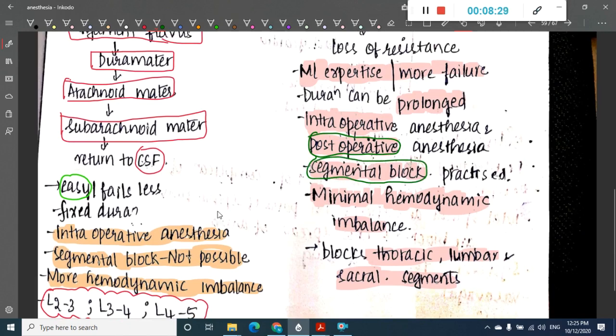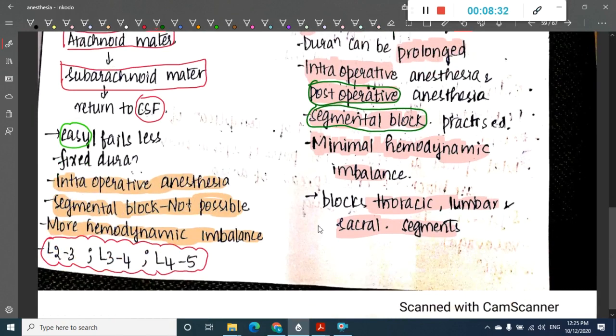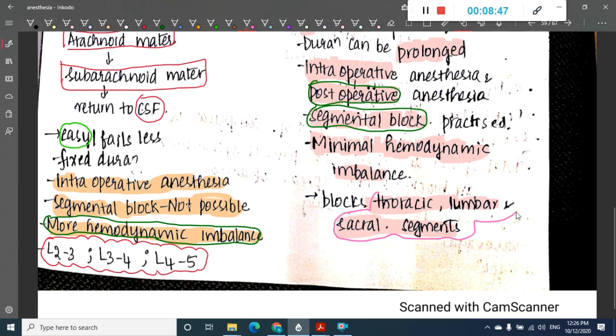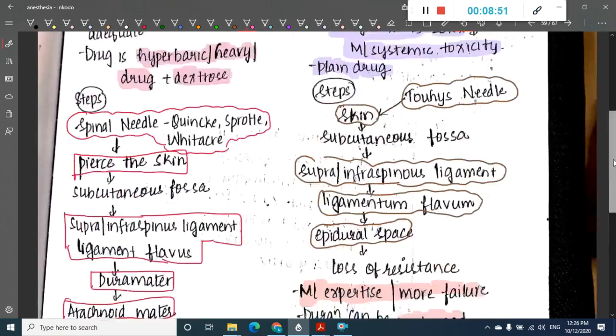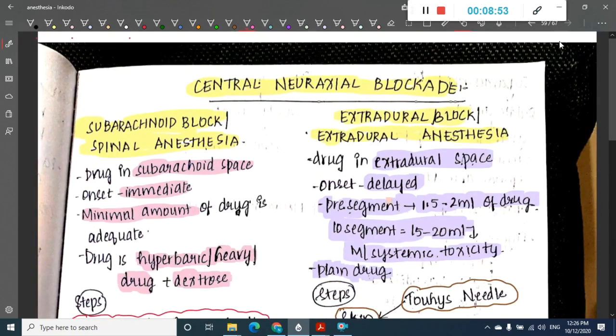This produces minimum hemodynamic imbalance, whereas spinal anesthesia produces maximum hemodynamic imbalance. Spinal is used for lumbar L2, L3, L4, L5 block, but epidural blocks thoracic, lumbar and sacral segments. So these are the important points for both epidural and spinal anesthesia.